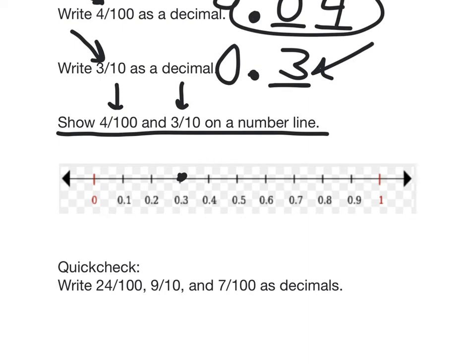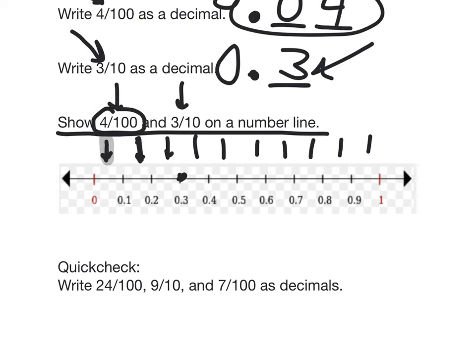That means I need 10 more sections between each of these numbers, so that I would have 10 here, 20, 30, 40, 50, 60, 70, 80, 90, 100 sections. Now 4/100ths would end up being right in the first section.